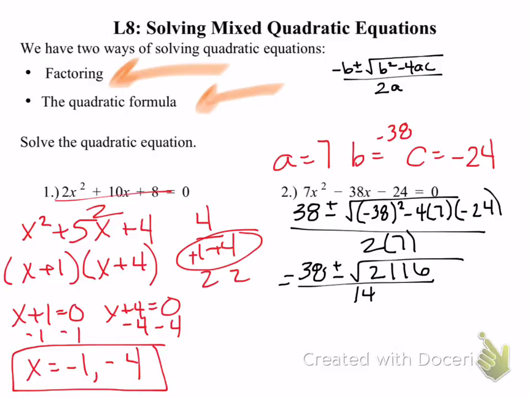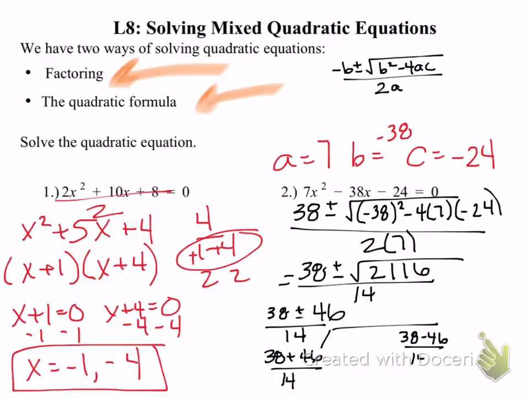Still simplifying it, the square root of 2,116 is 46. So I have 38 plus or minus 46, all over 14. Once I get into that, I split it into 2: 38 plus 46 over 14, and 38 minus 46 over 14.